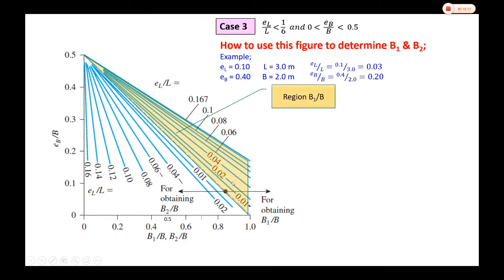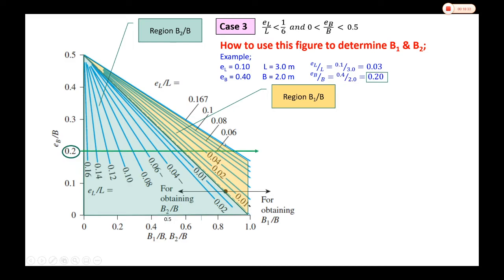On the right side is the region for B1 over B and on the left side is the region for B2 over B. So you have eB over B of 0.2, identify it on the y-axis and then draw a horizontal line. Then look at eL over L, which is 0.03.